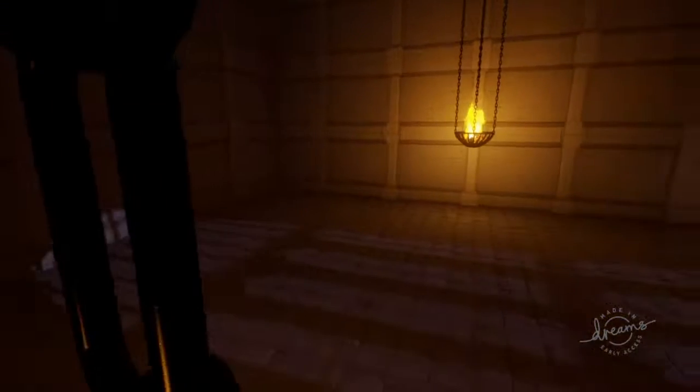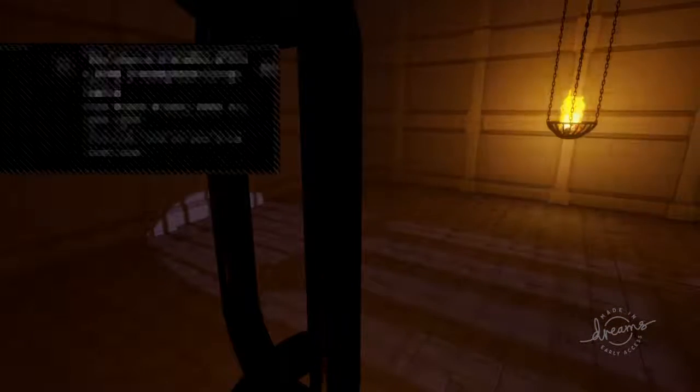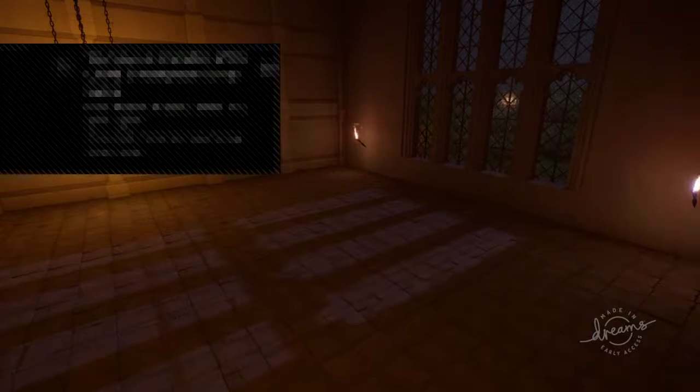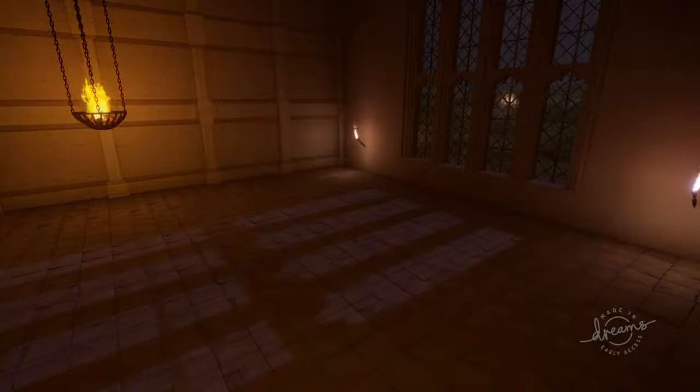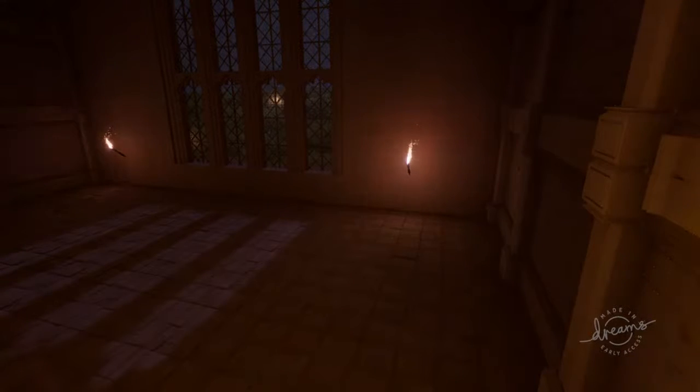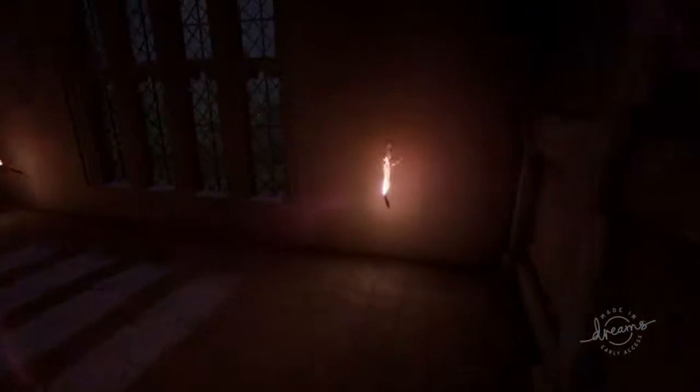Is it actually brighter where I'm standing? It's comfy. You have rain coming in. Oh, it's coming from this.